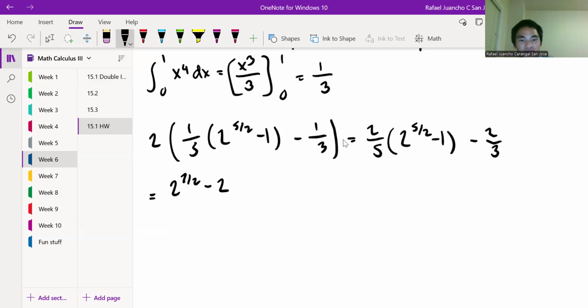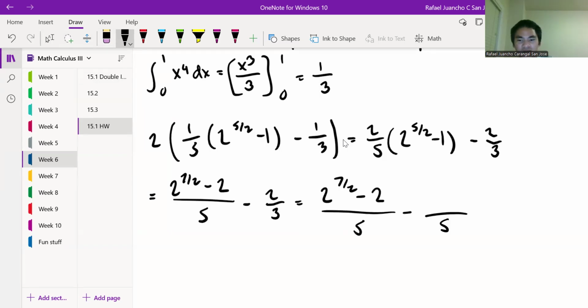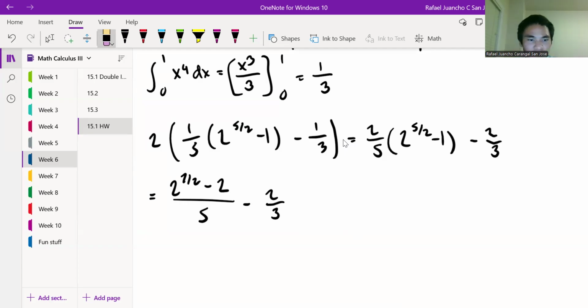And then this is minus 2 over 5. And then I think this was 2 over 3. And I think I could change this 7 halves minus 2 over 5. And then this is 5. Oh, I can't do that. What the? What else can I do?